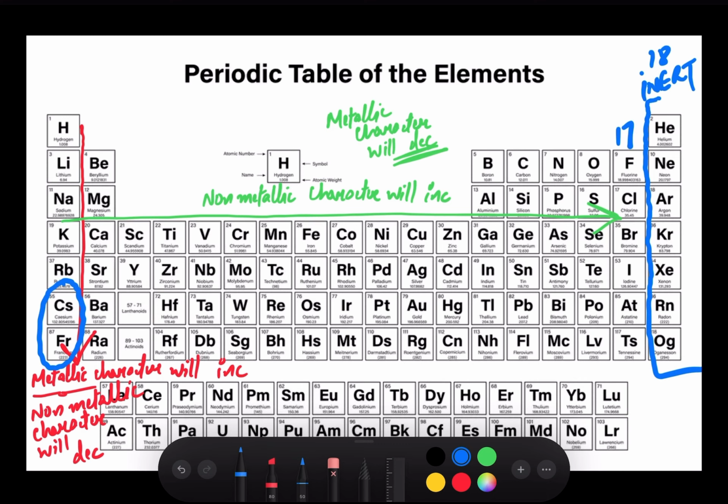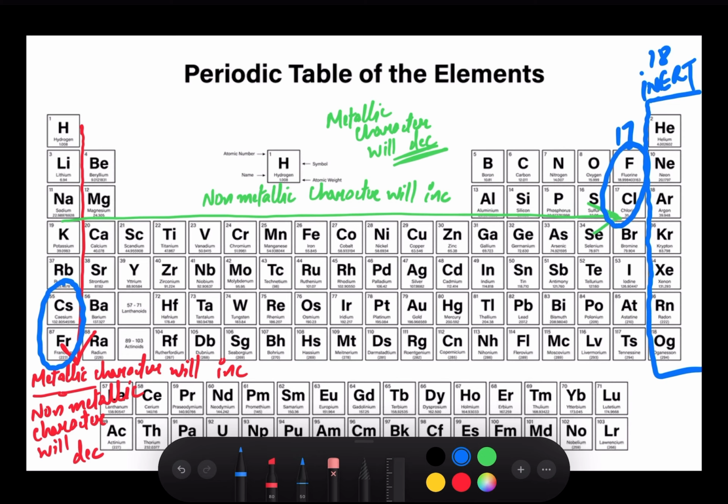That means we are discussing metallic and non-metallic character across a period up to group number 17 only, and here we can say that fluorine and chlorine are the most non-metallic elements. So the bond formed between cesium, or francium, and fluorine or chlorine, will be the most ionic compound, which we are going to discuss in the next lectures.